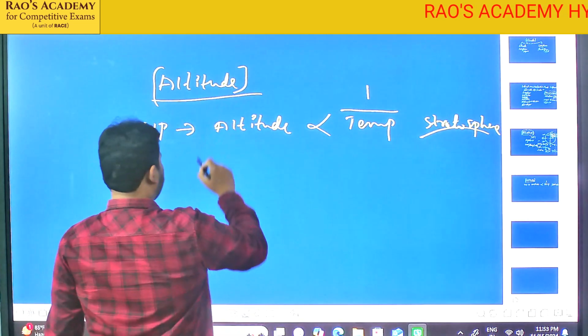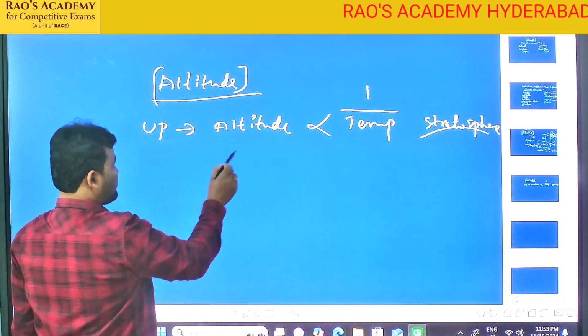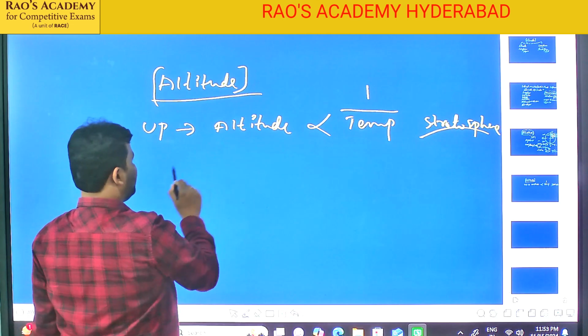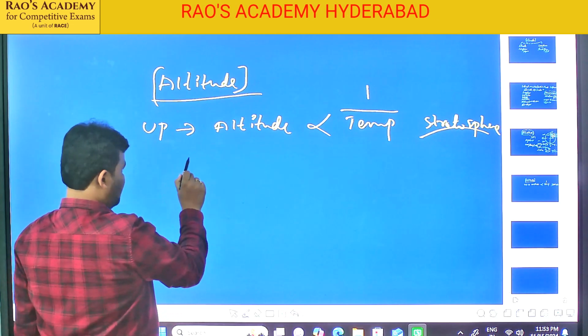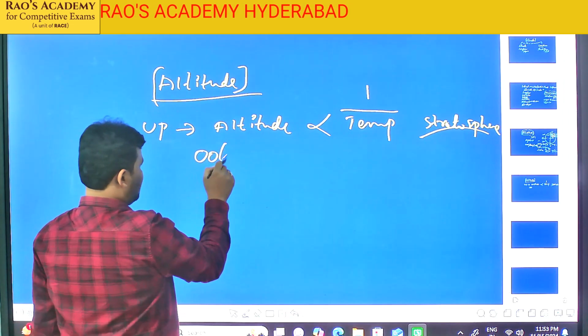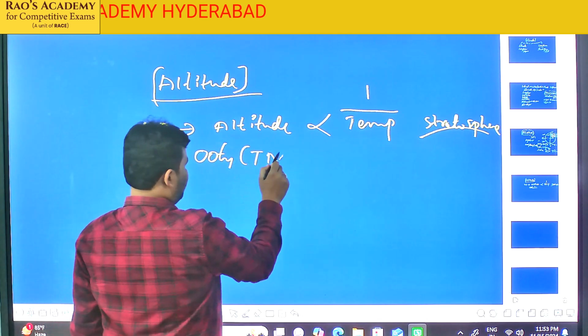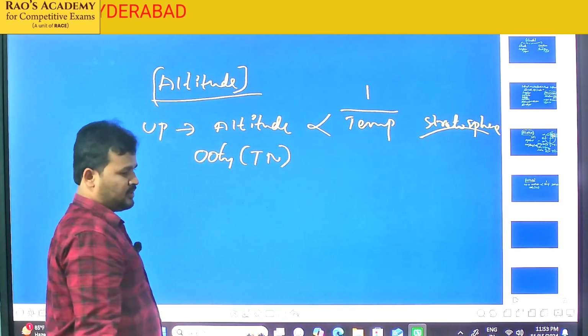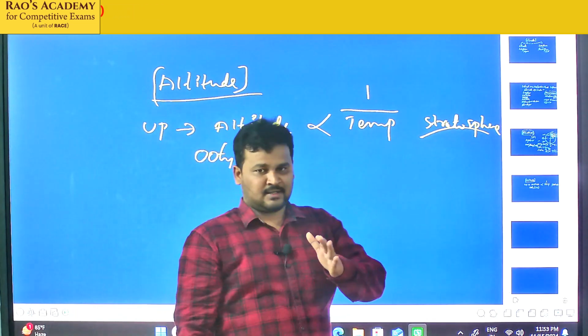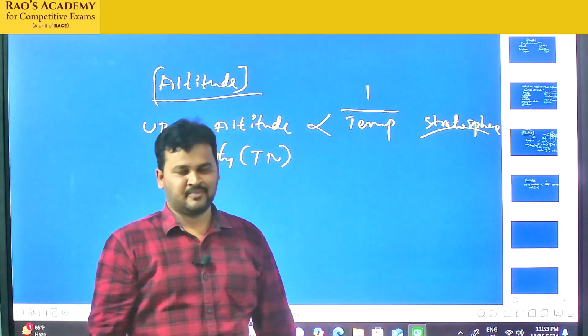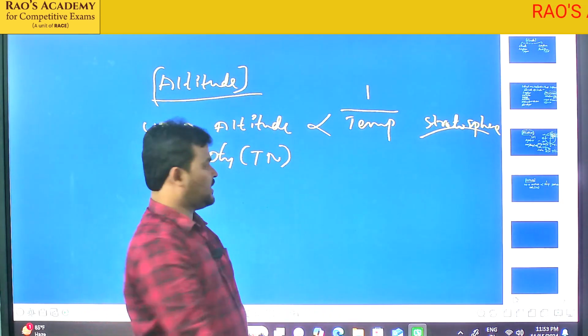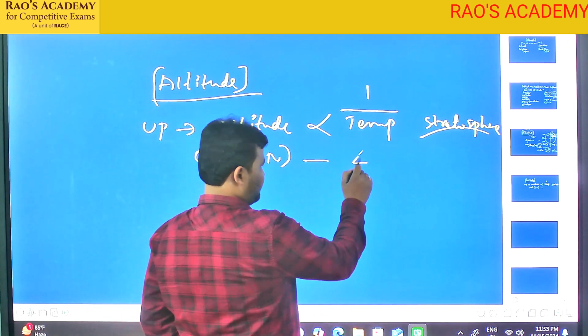So coming to altitude in India, there is a place called Ooty in Tamil Nadu. If we observe the temperature in Ooty, what might it be? Temperature will be almost 4 degrees centigrade.